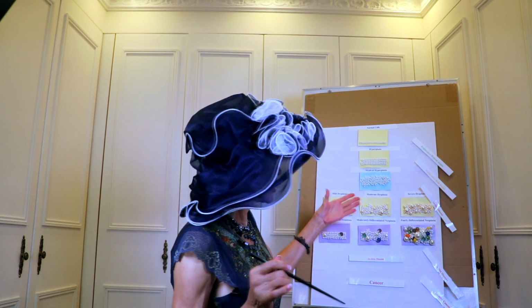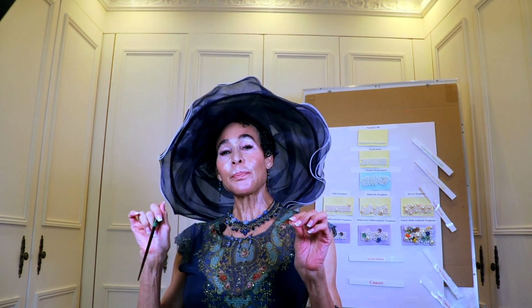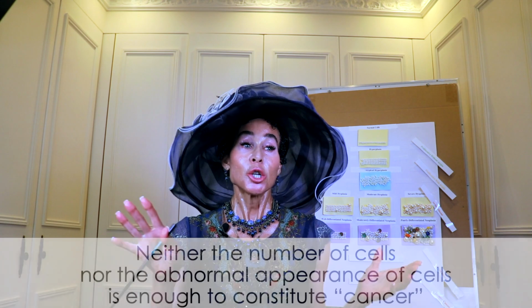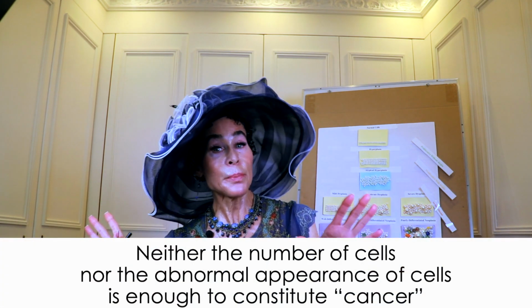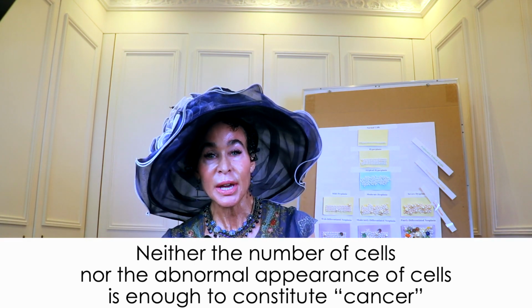They only look like cancer cells. And while there are microscopic cancer features inside some cells, it is not enough to constitute cancer. So neither the number of cells nor the abnormal appearance of cells is enough to constitute cancer.